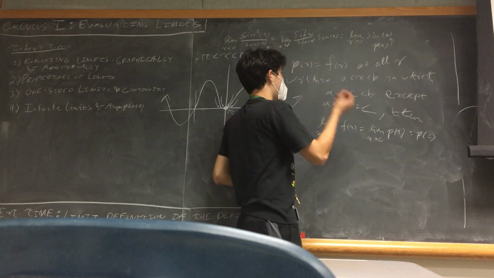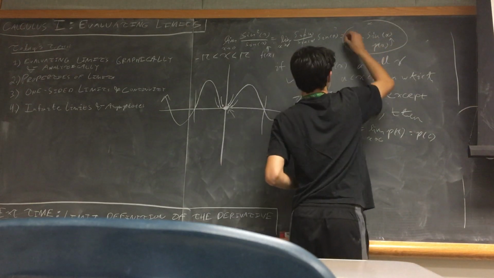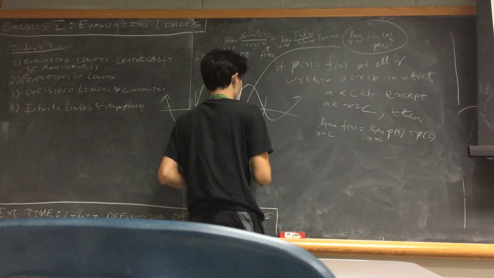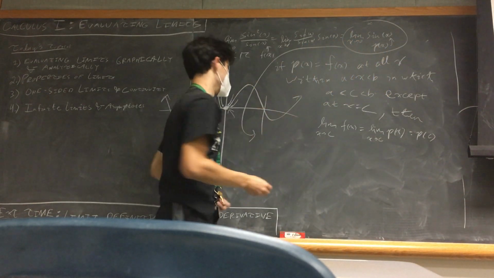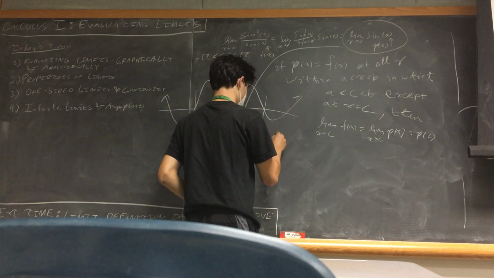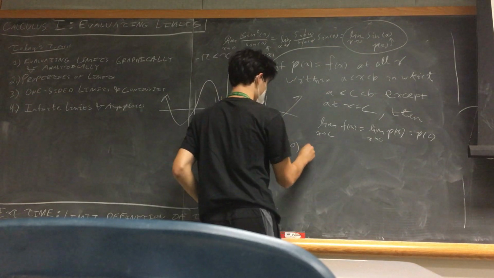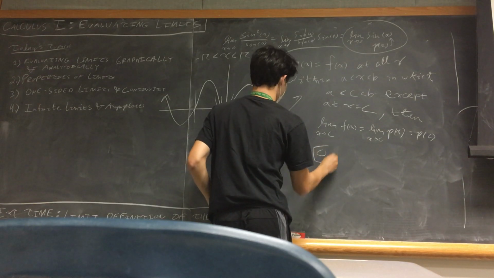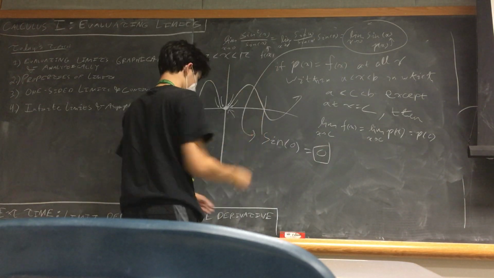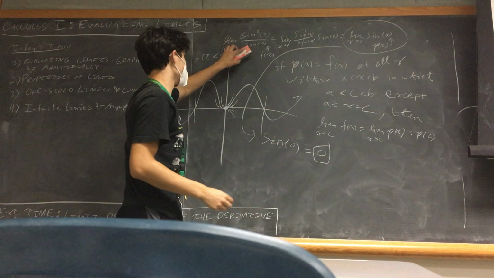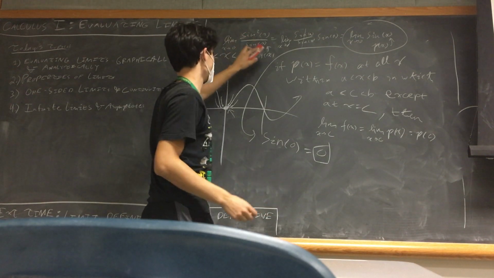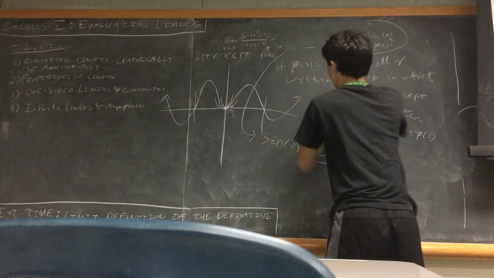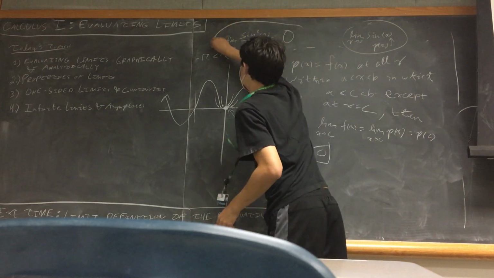So we can simplify it down to this function, and then we can use direct substitution here. So we get that this is sine of 0, which is equal to 0. Meaning we can say that the limit as x approaches 0 of sine squared of x over sine of x is equal to 0.